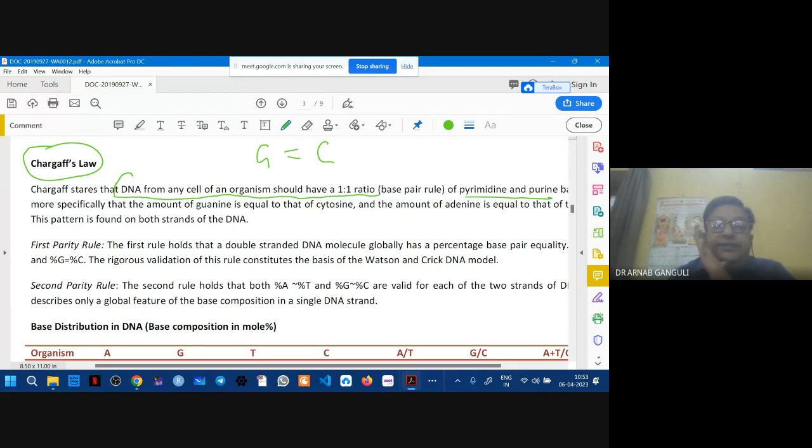Okay. And the same with the amount of A. He found out chemically that the amount of G is equal to the amount of C in a cell. The amount of A is equal to the amount of T in the cell. So this is Chargaff's rule.